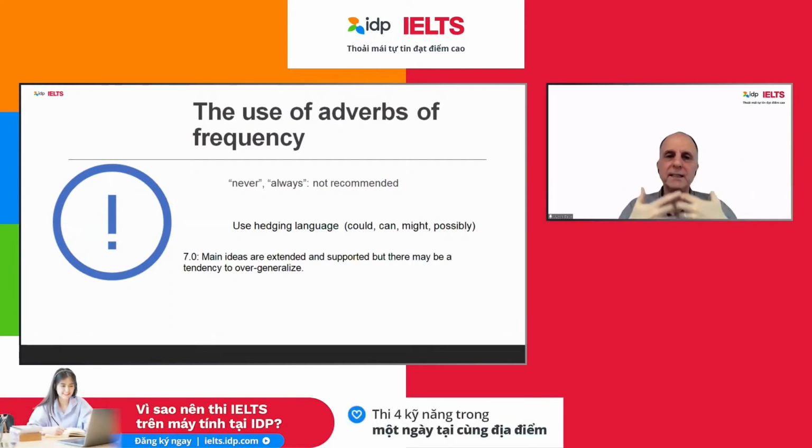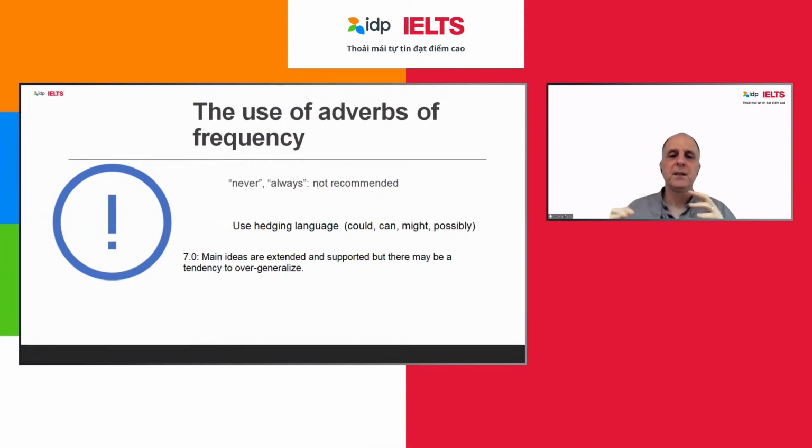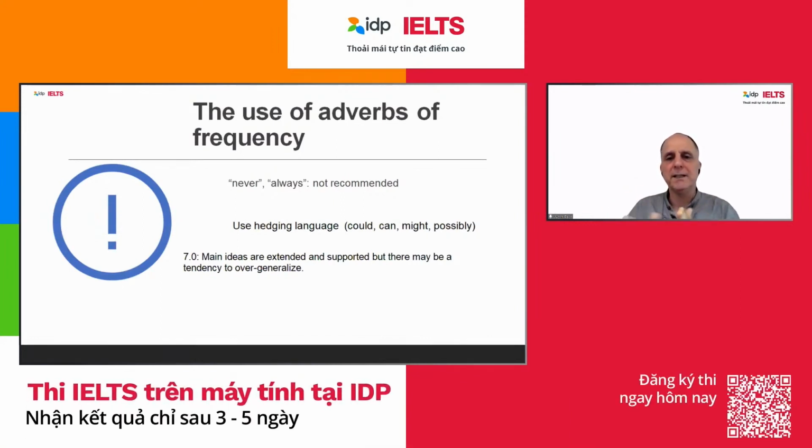But when you're writing about your own opinion, I would be a little bit stronger. Okay, so I strongly believe this can, rather than could. You see? So be careful, once again, try not to say this will always happen, etc.